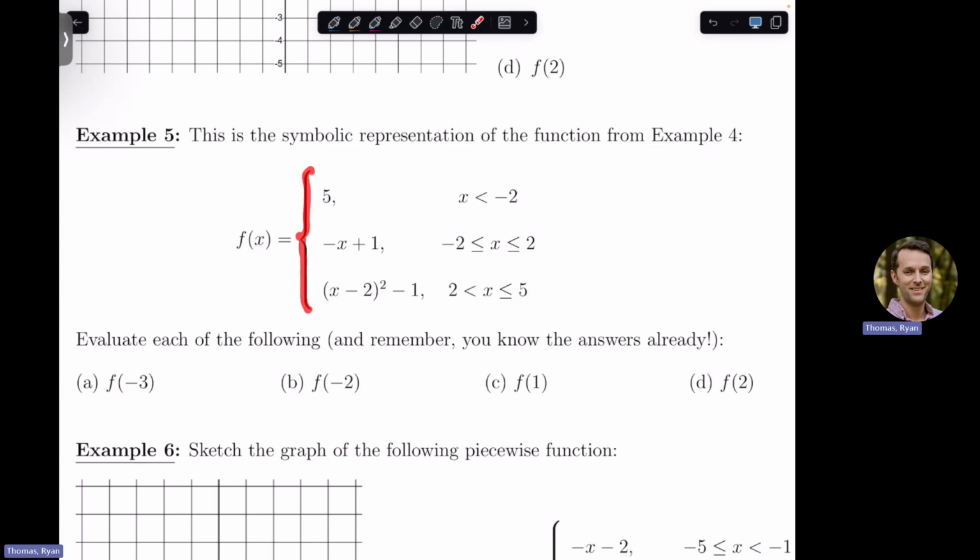But this big brace, really braces like that, always. This part tells you what the rule, the operation, the form is. It's got x in it somewhere, and you plug into it. This other part tells you when to use each.